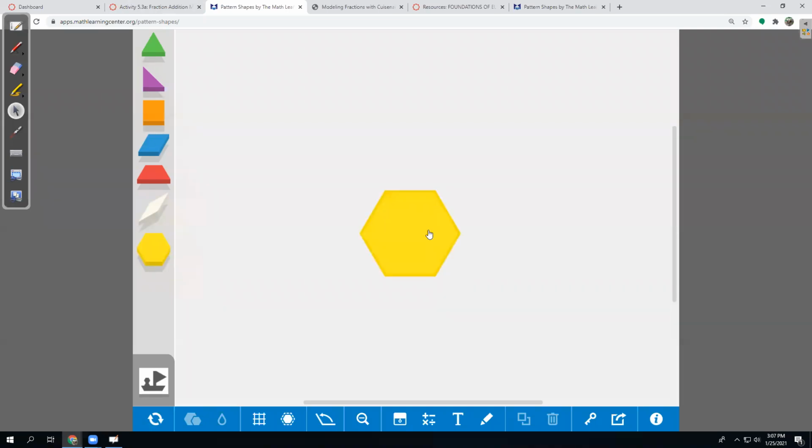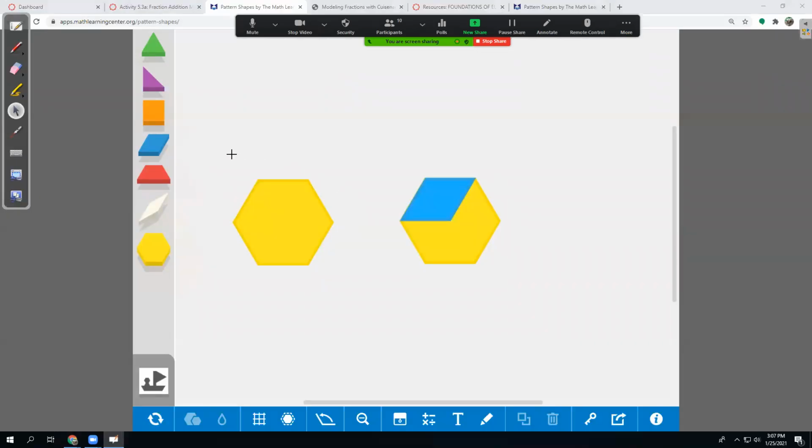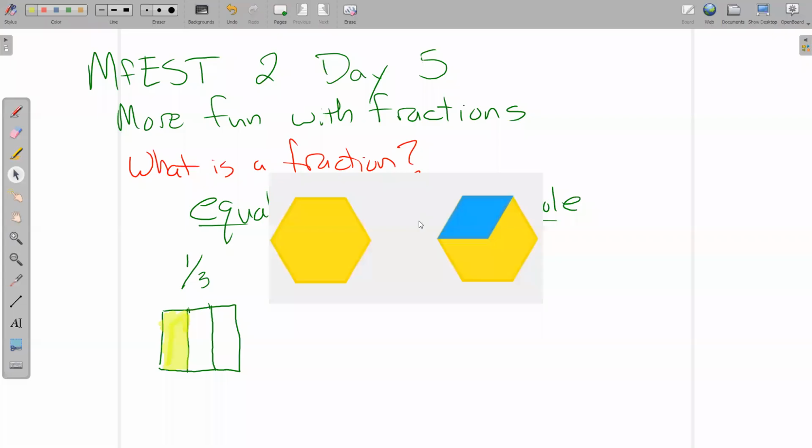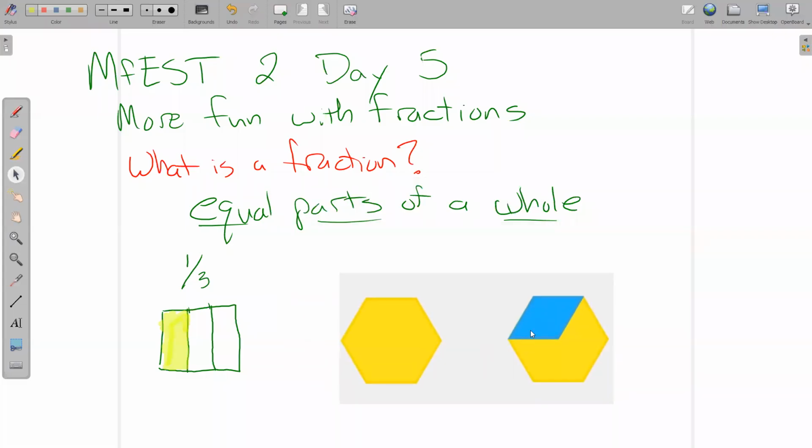So these are some other toys that we could play with. So if I say that's one whole, then my claim is that piece there is 1/3. So let me grab that into my screen. So here's another way with a different set of toys. Instead of drawing my own picture, my claim is this one right here is 1 whole.